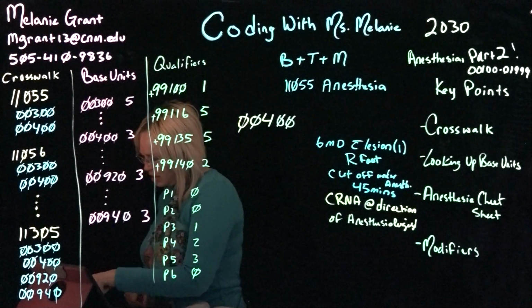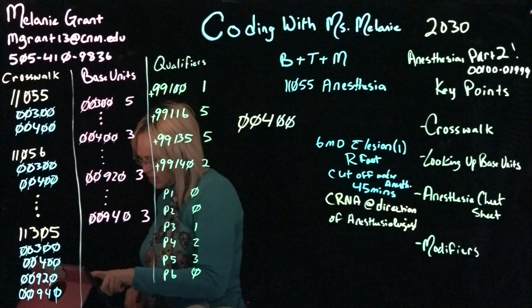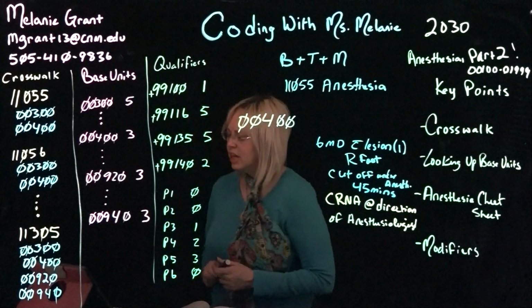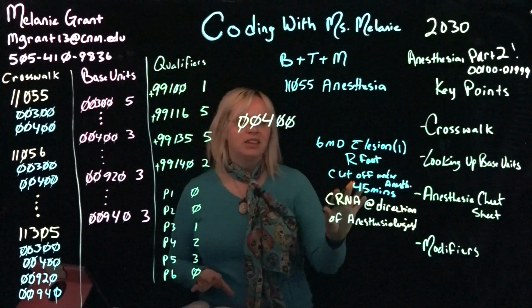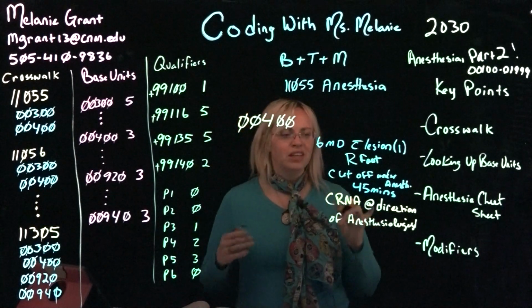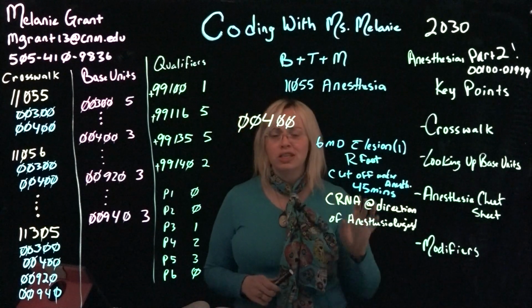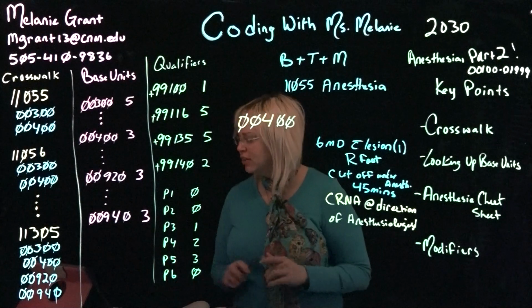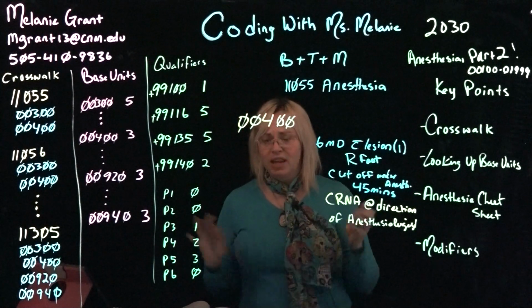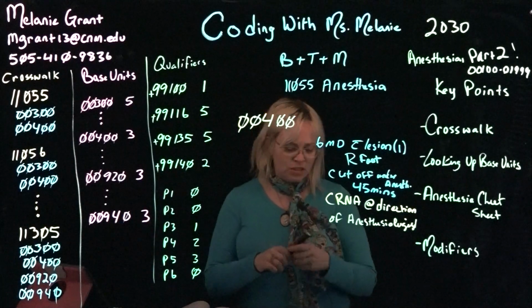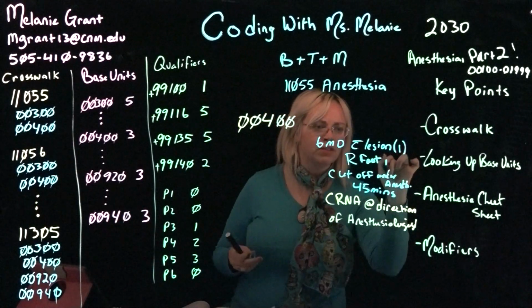And then a MAC, anesthesiologist directing CRNA. So in this case, this should be an MAC. I didn't indicate that, but you would want to look at that. So in the actual instance, the anesthesiologist is monitoring. It's going to fall under a CRNA at the direction of an anesthesiologist, and that's an MAC. So that was missing from our little reference here.